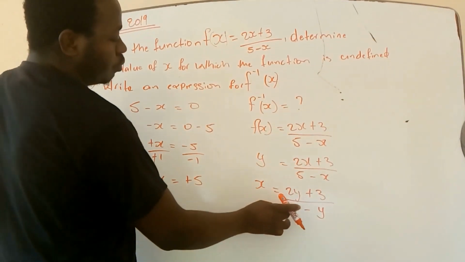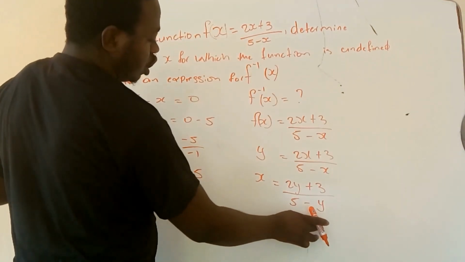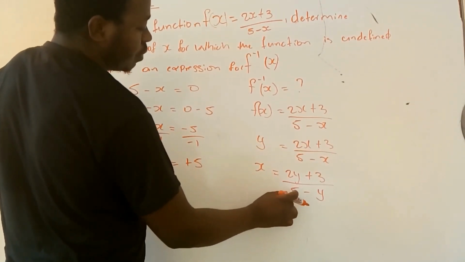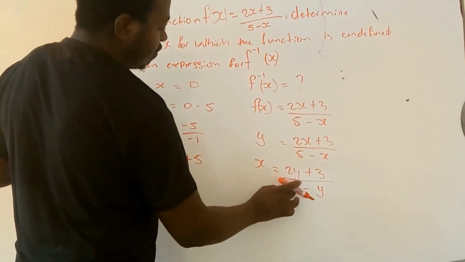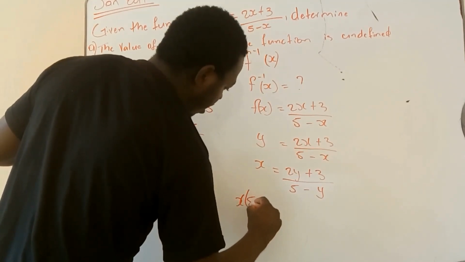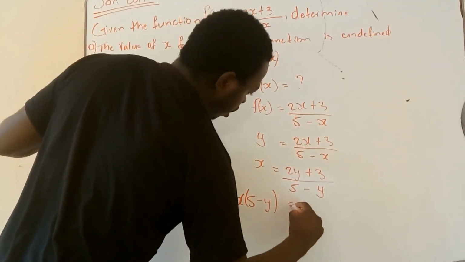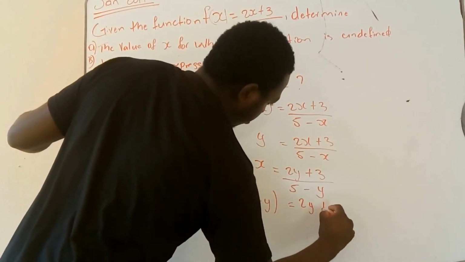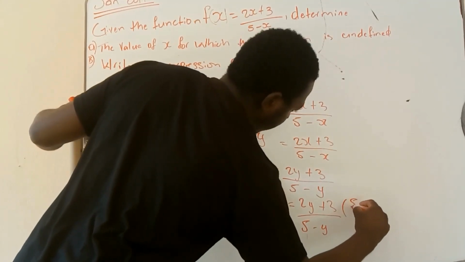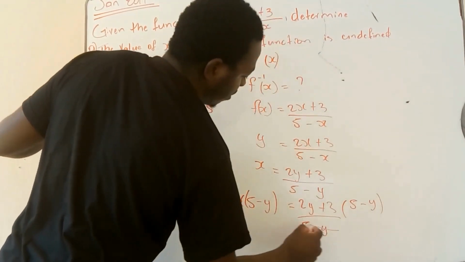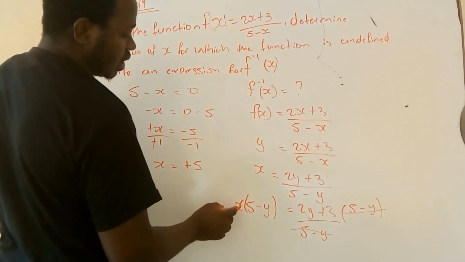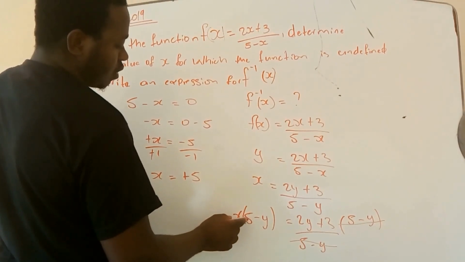So what we are going to do is multiply both sides of the equation, which appears as if you cross multiply, but we are going to multiply both sides of the equation by 5 minus y. So this is going to be x times 5 minus y equal to 2y plus 3, all over 5 minus y, times 5 minus y. 5 minus y cancels 5 minus y, we're left with x times 5 minus y.